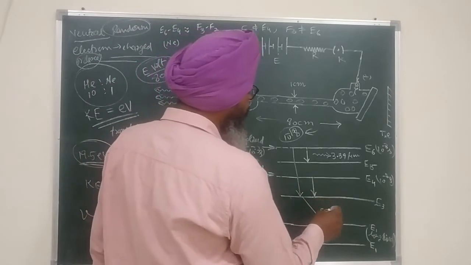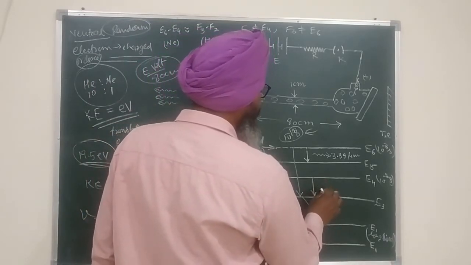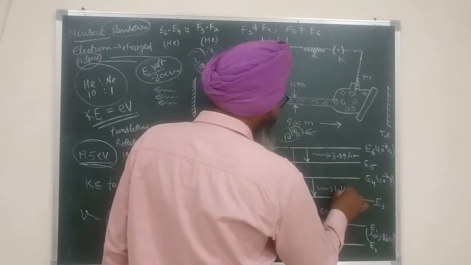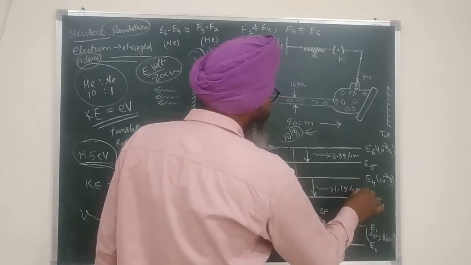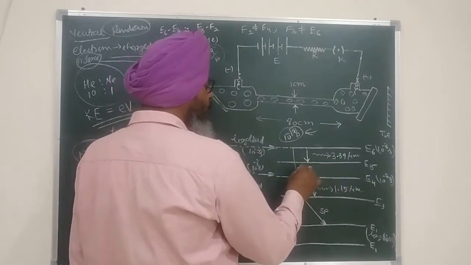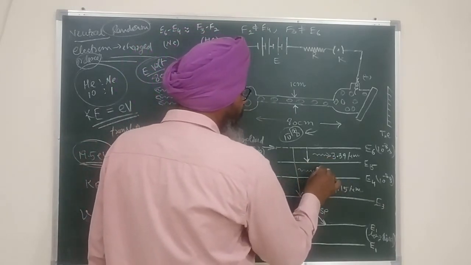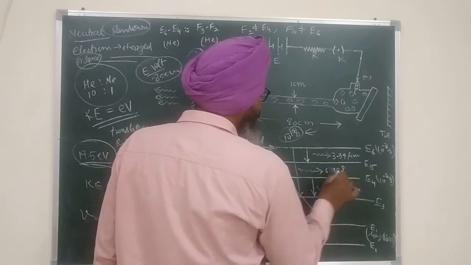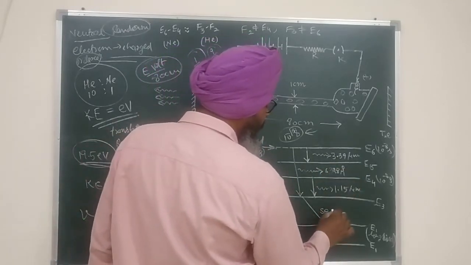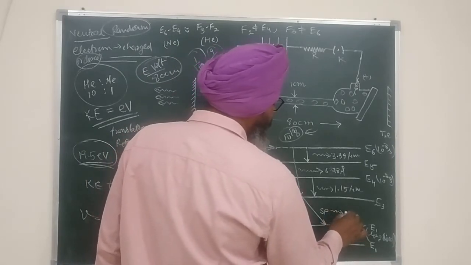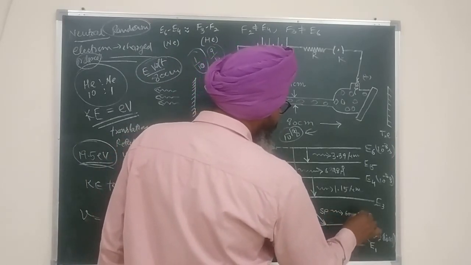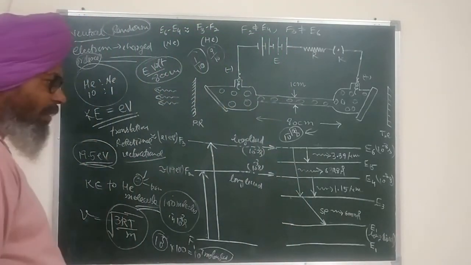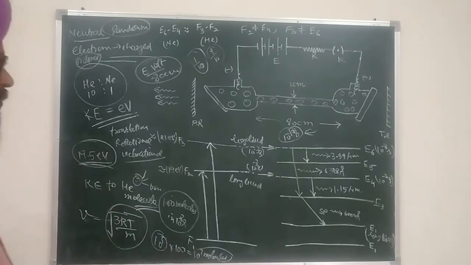The transition from this to this will produce photons having a wavelength of the order of 1.15 micrometer, and the transition from this to this state will produce photons of the order of 6328 angstrom. This spontaneous emission will produce photons of the order of 6000 angstrom.